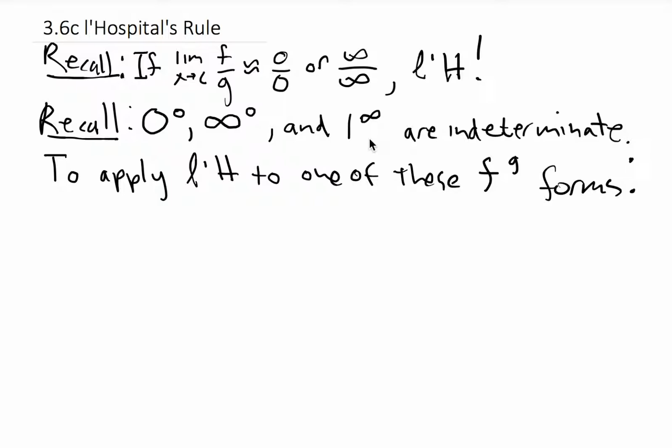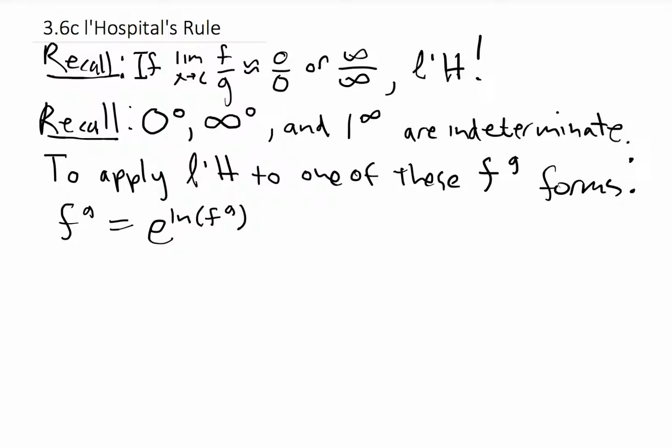There's a trick that we can use to apply L'Hopital's rule to one of those forms that looks like some function f raised to some function g. And here's what that trick is. What we are going to do is abuse some inverse functions. We'll start out with f to the g being equal to e to the natural log of f to the g.